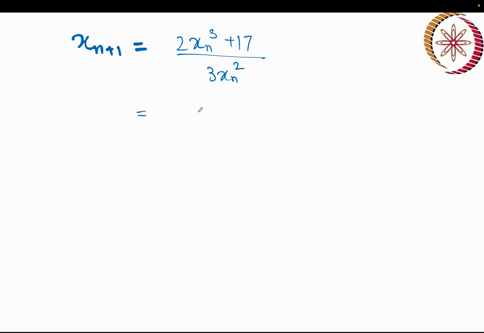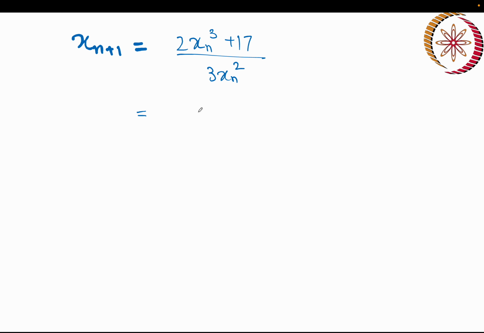So x1 is equal to 2 into 2 cube plus 17 divided by 3 into 2 square.